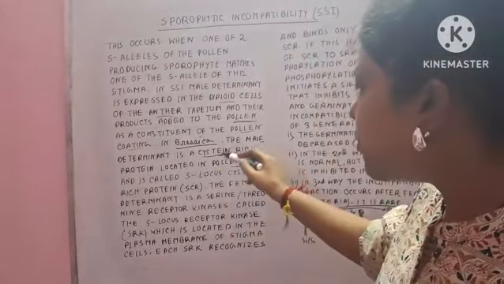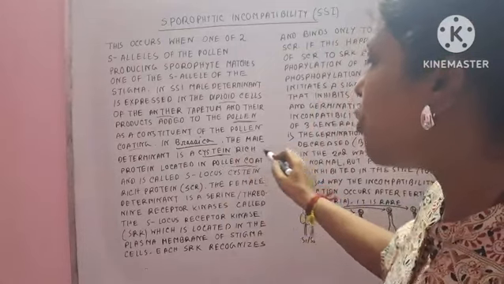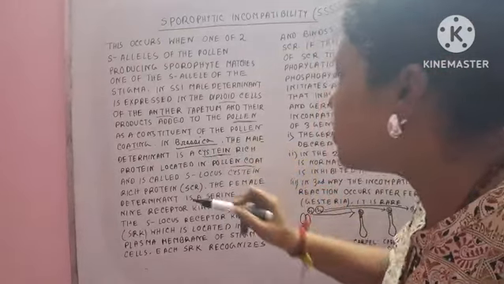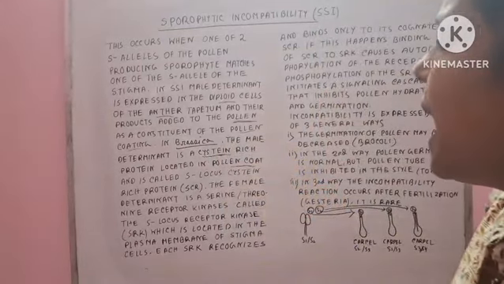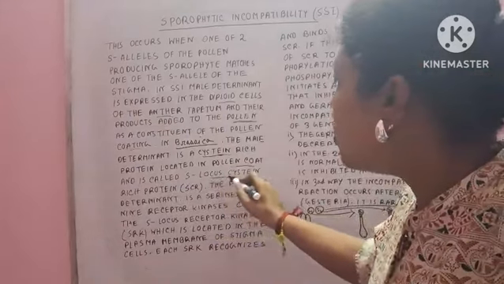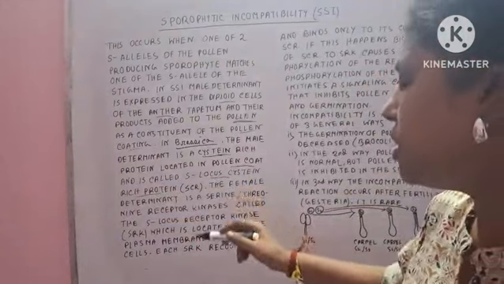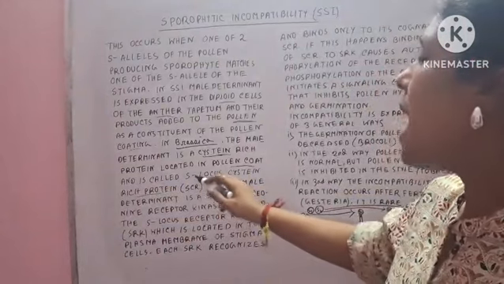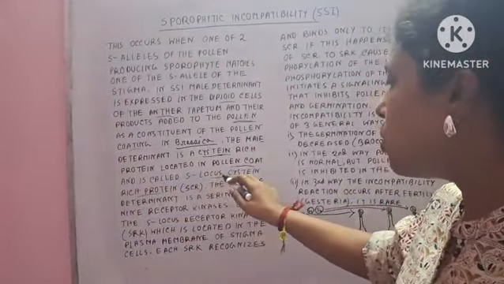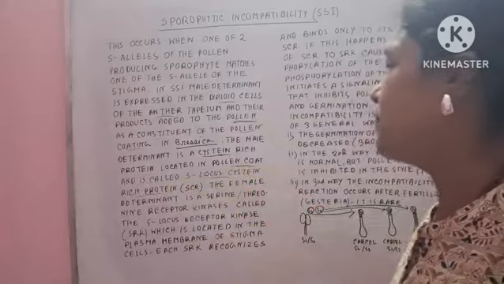Clear? That means this pollen coat is formed by this cysteine rich protein. The short name is SCR, and the full name is S locus cysteine rich protein.